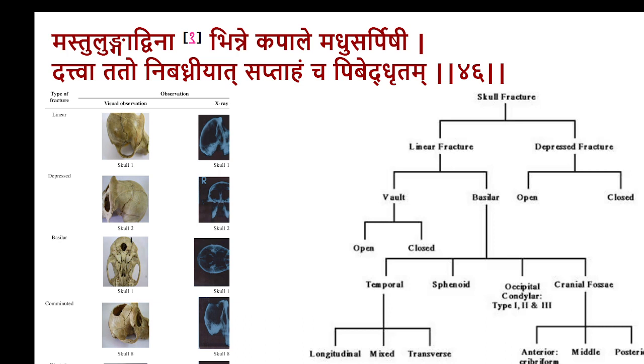Now, what Sushruta has suggested is if there is no such injury to the Mastulunga, there is no evidence of brain injury or any sort of complications of the brain, then keep the bones together and put a band-aid. That's absolutely true. In case of the absence of intracranial injury, there is no need of much reduction in the management of skull fractures, because bones have two layers, diplos.